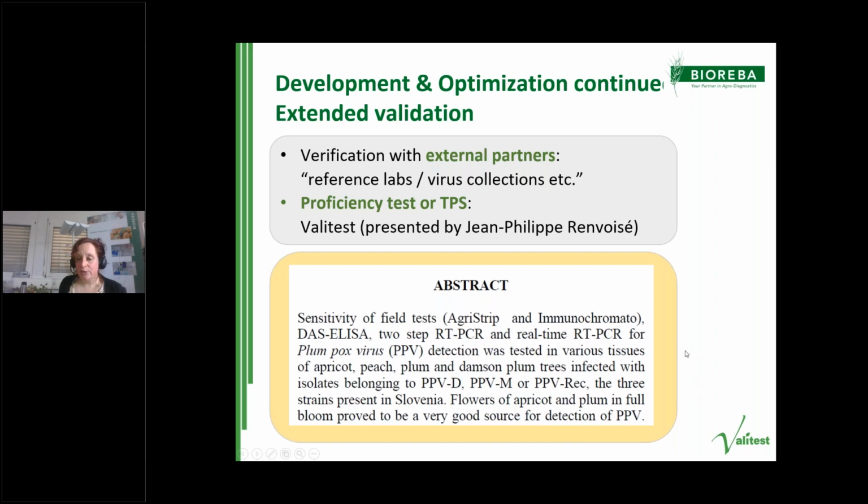They also nicely show in this publication that the use of symptomatic plant samples for the AgriStrip is essential. And whenever possible, we are happy to participate in proficiency tests. And Jean-Philippe Renvoisé will just talk afterwards about his experience in the frame of the VALITEST project.